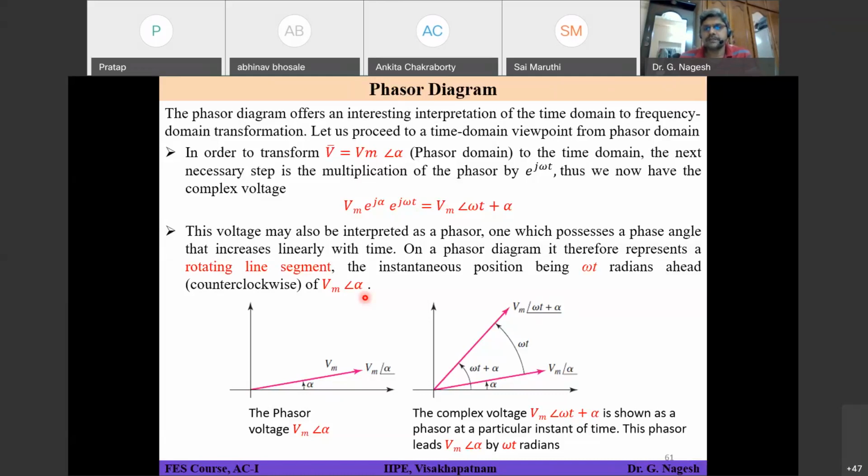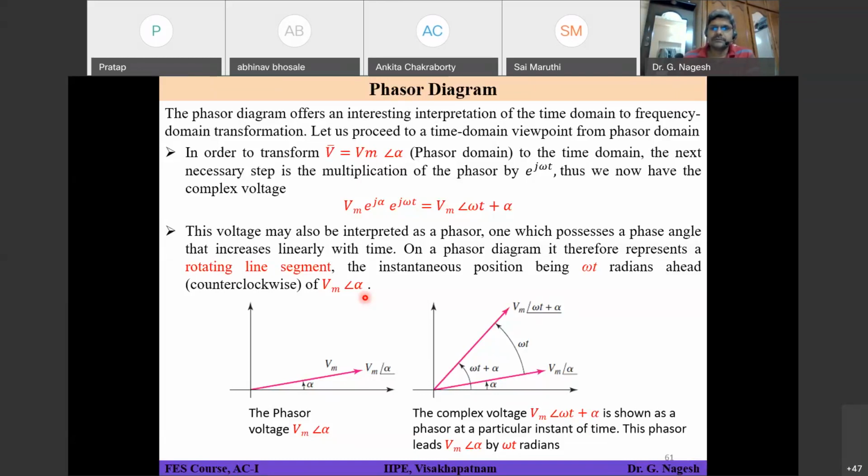Omega is the angular frequency, and this phasor rotates in the anti-clockwise direction, because phasors always rotate in the anti-clockwise direction. That is a standard.